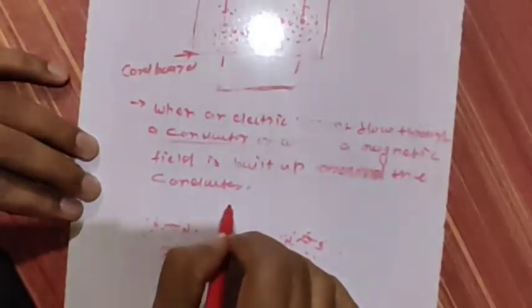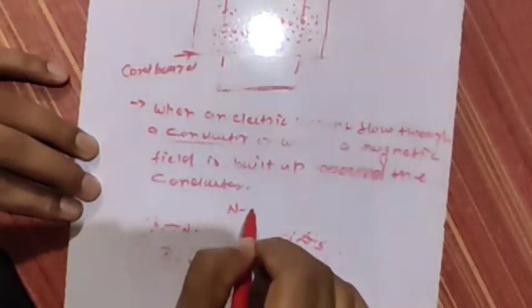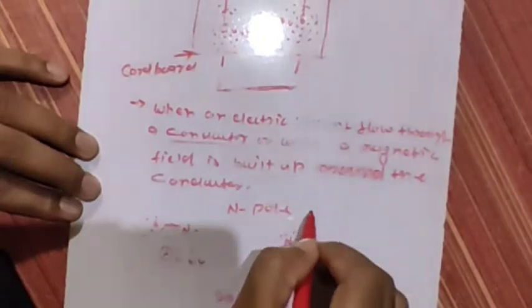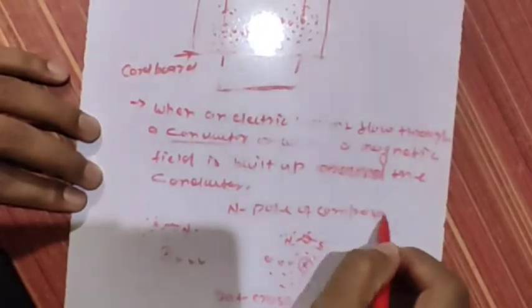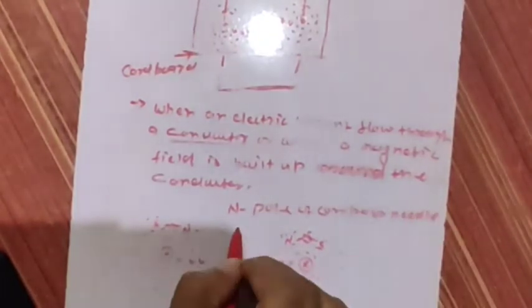The north pole of the compass needle indicates the direction of flux.